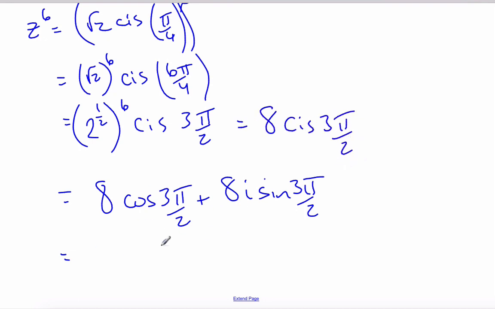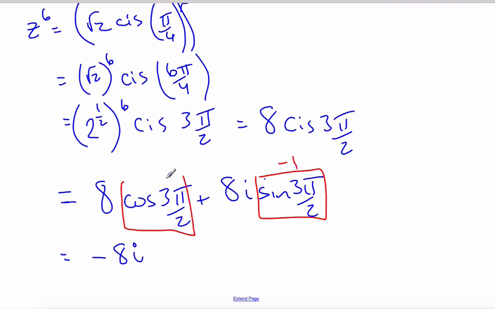But if I expand this out, which is optional, I know that the cosine of 3 pi by 2 is 0. The sine of 3 pi by 2 is -1. And so I know this ends up being negative 8i, because this equals -1 and this equals 0. And so this is z to the power of 6.